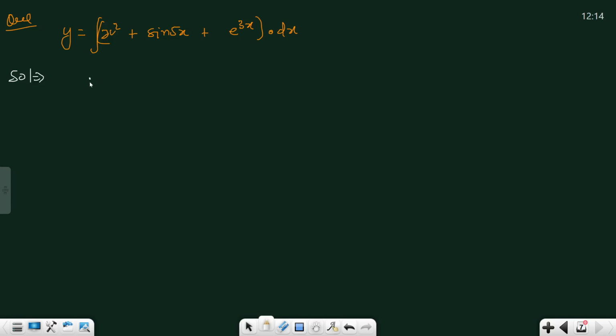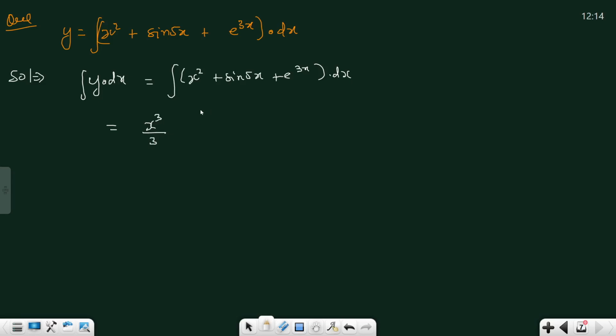The solution will be integral of y dx. So when you integrate x square plus sine 5x plus e to the power 3x dx, the integration of x square will be x cube upon 3.